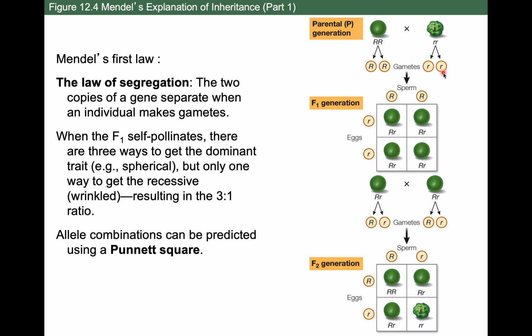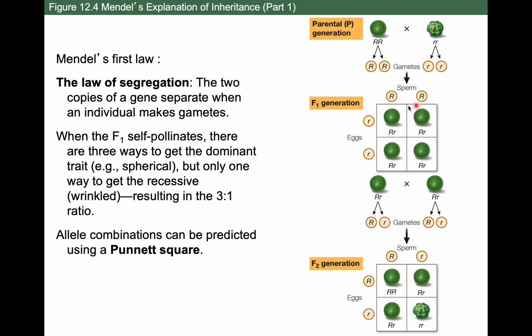Okay. And we can take what Mendel did and put it into the form of a more modern form of Punnett squares, which we use to talk about genetic crosses now. And Punnett squares are basically just a nice, essentially mathematical prediction of what the outcome of a particular cross is going to be.